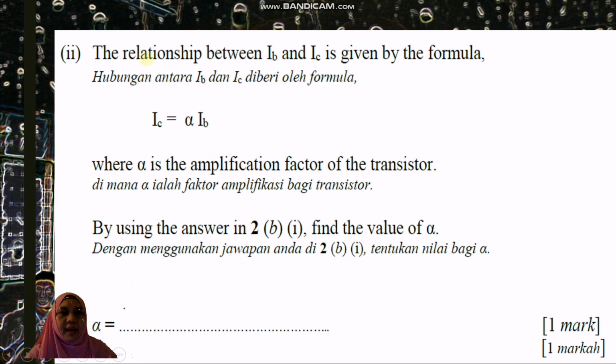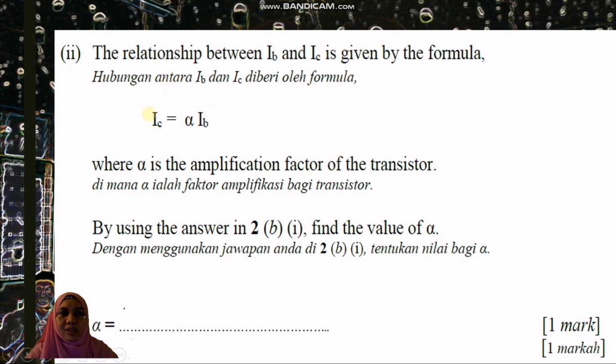Next, the relationship between IB and IC is given by the formula in which IC is equal to alpha IB, where alpha is the amplification factor of the transistor. By using your answer in B1, find the value of alpha.